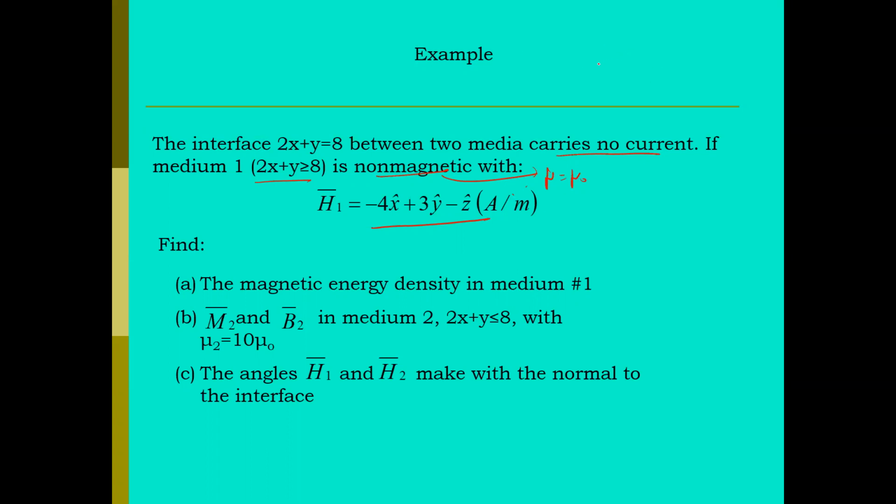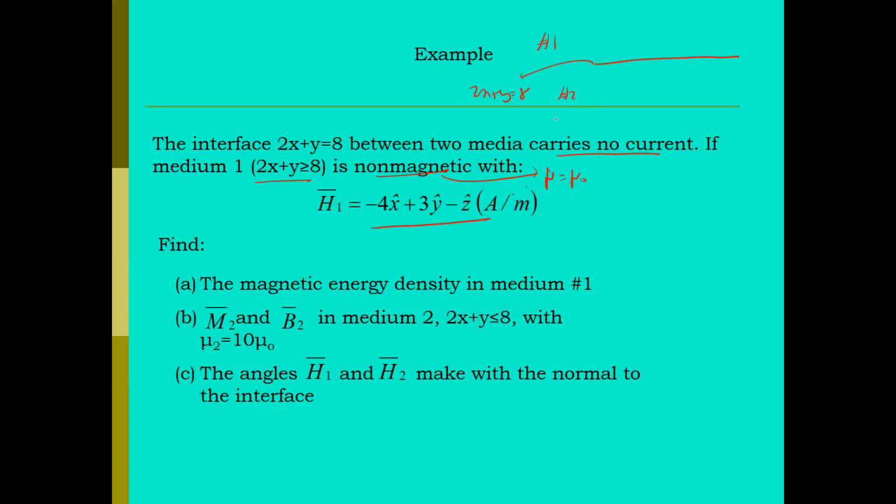If we sketch it, we have medium number 1 here. This is the boundary, and the boundary equation is given by 2x plus y equals 8. So 2x plus y bigger than 8 is the first region, and the second region down here is 2x plus y less than 8.